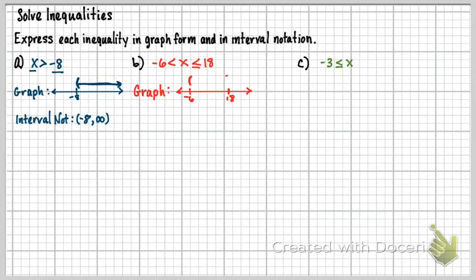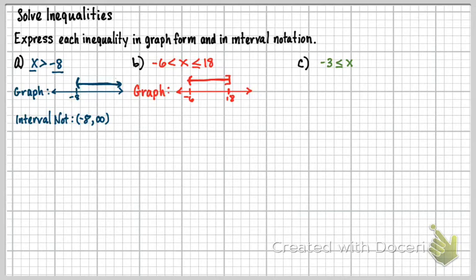I haven't used one of those yet, so now you can see what I do when I include it, when I have the equal underneath. That means I use a bracket there. And then all I'm going to do is draw a line across because I'm letting you know that I'm counting everything in there, but not the negative 6, but the 18 I am. And that's what the graph represents. So that's our graph for this one.